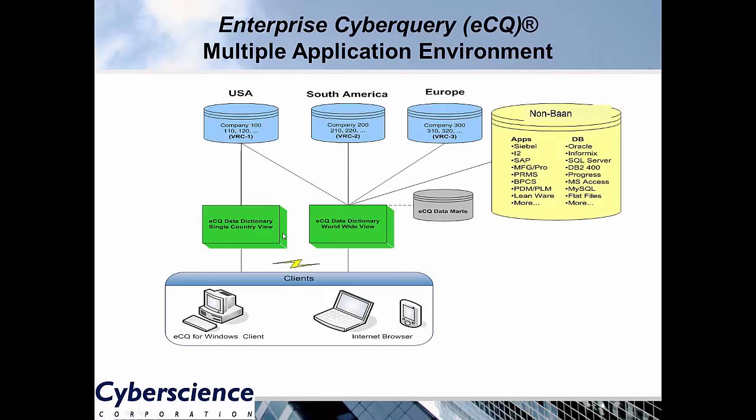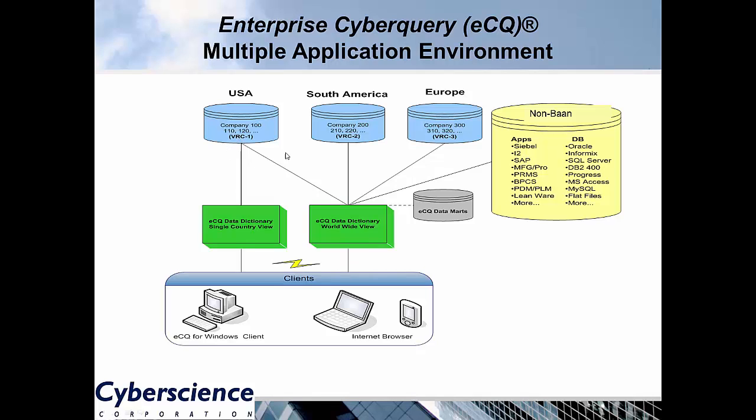Okay, in summary, starting down here at the bottom, all the user needs to use eCQ is a browser. From the browser, they're going to connect to the eCQ server. That can be any Windows, Unix, or Linux box. Does not need to be dedicated. Any box where you have some space is a good place to put eCQ. So users are going to connect through the browser to eCQ, and depending on their profile, they may see one company or one table or one VRC.